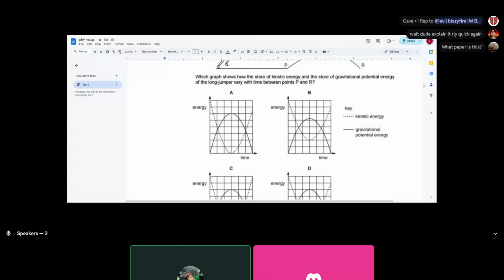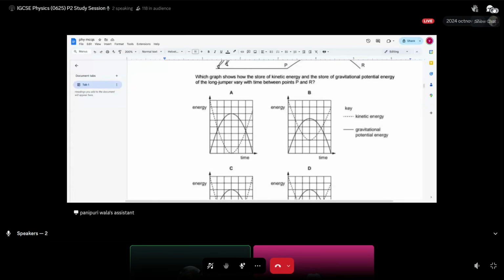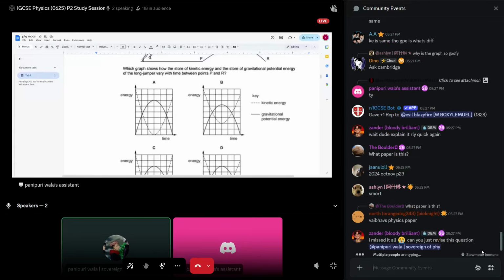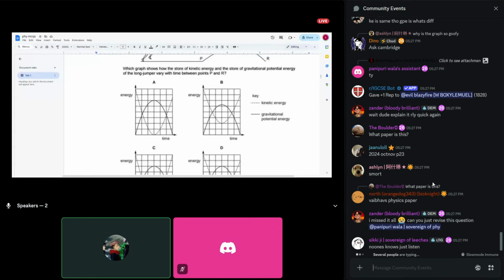Guys, please stop asking what paper this is. This is from multiple different papers. These are questions sent in by multiple different people. 2024? Not sure.